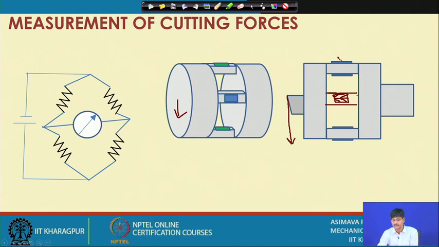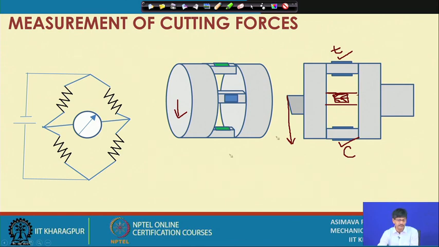However, if you consider this particular one, it is definitely going to be tensile. If you consider this particular one, it is definitely going to be compressive. This one also, since it is more towards the top, tensile, and this is more towards the bottom, compressive.